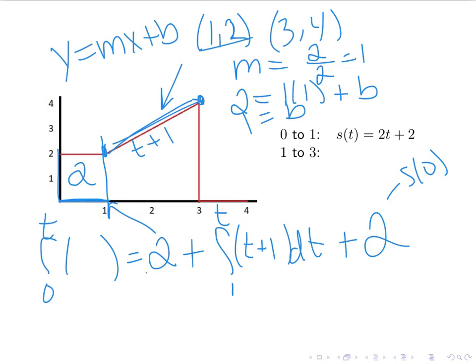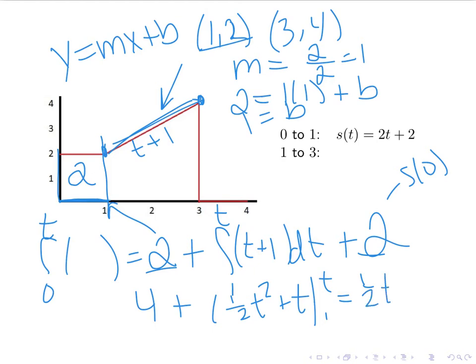So I'm going to add my 2 and 2 and get 4, plus my integral, 1/2 t squared plus t from 1 to t. I plug in t, and I get my 1/2 t squared plus t.